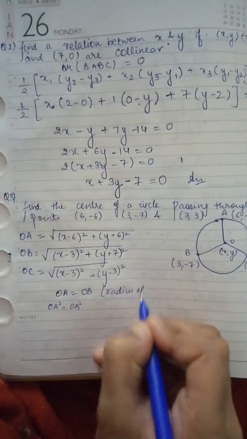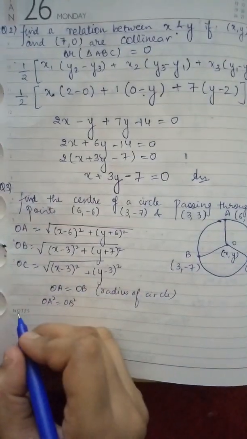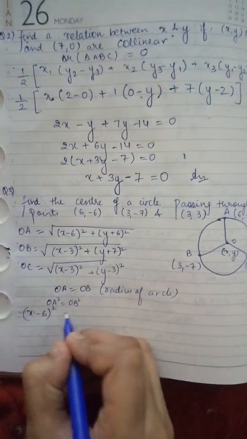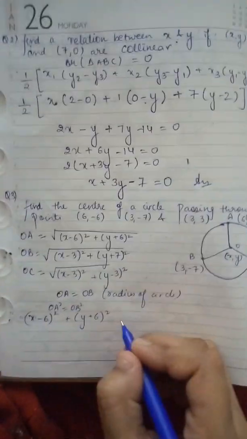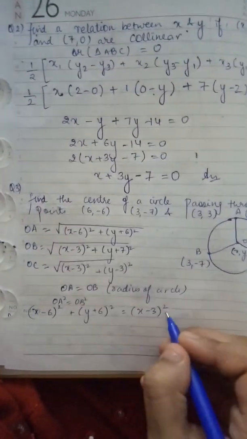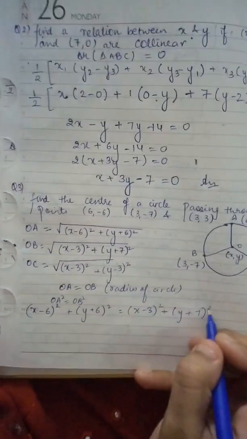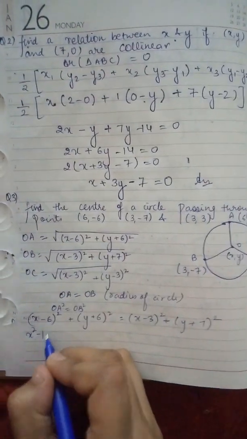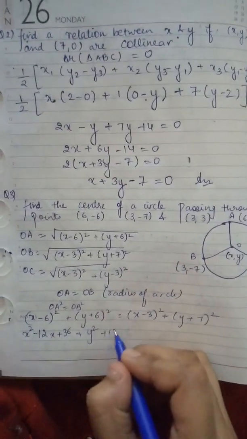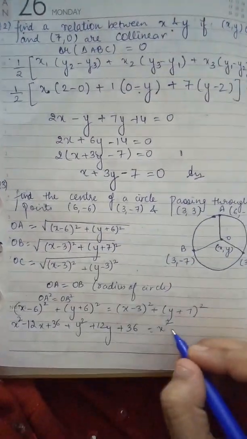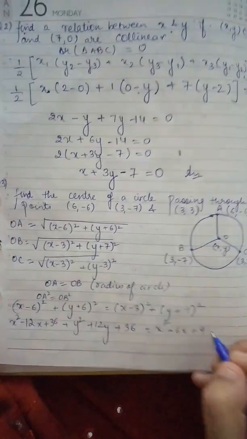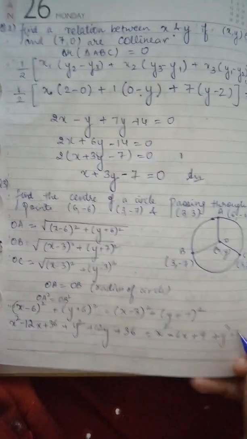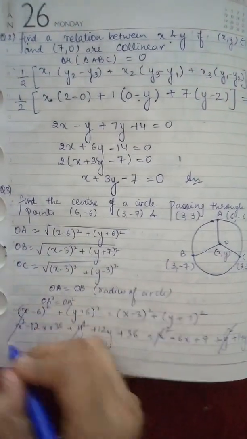So I can write (x minus 6) whole square plus (y plus 6) whole square is equal to (x minus 3) whole square plus (y plus 7) whole square. Opening the brackets, x square minus 12x plus 36 plus y square plus 12y plus 36 is equal to x square minus 6x plus 9 plus y square plus 14y plus 49. x square, y square get cancelled.